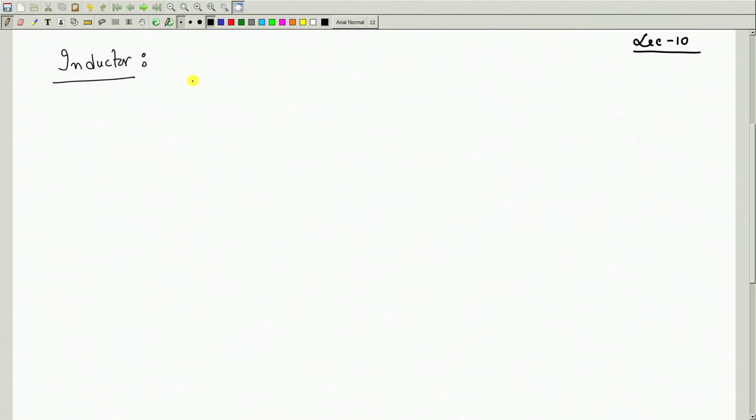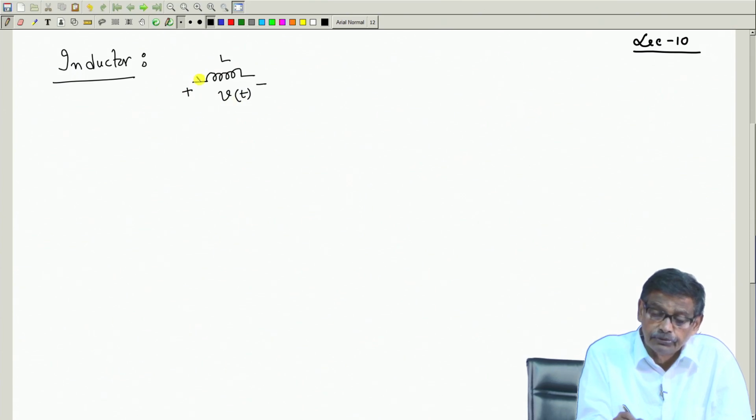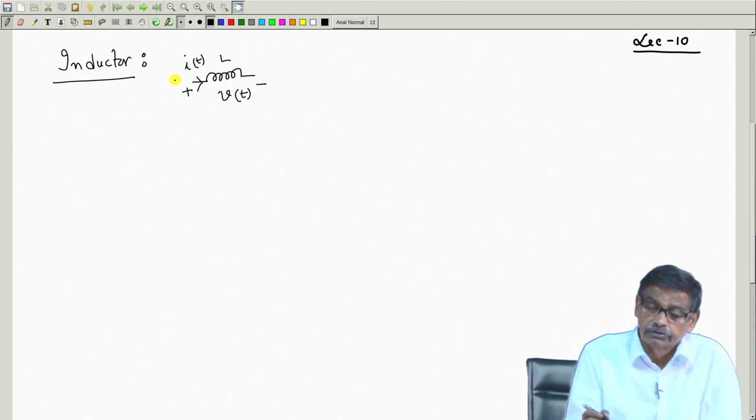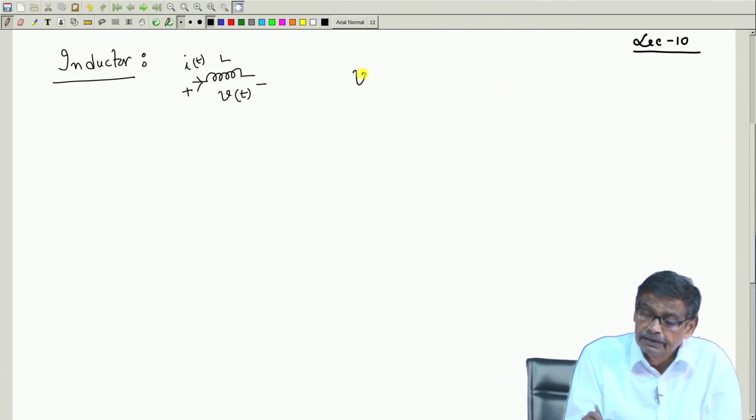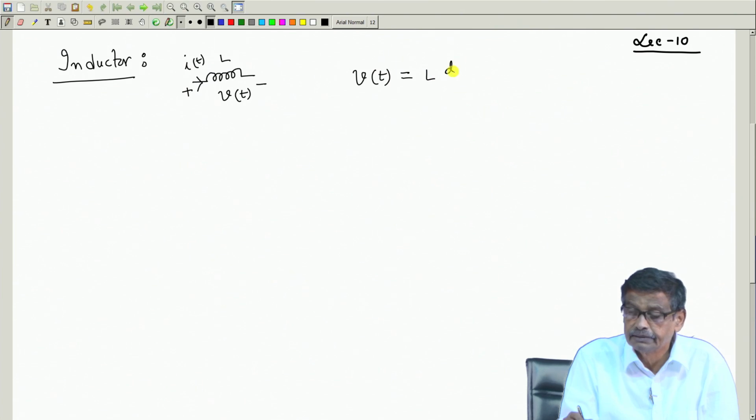I told you that if there is an ideal inductor having no resistance, and you show the voltage applied across it to be V t, meaning the potential of this point with respect to this is V t, and you show this current to be I, which is expected to be a function of time also, then the relationship between voltage and current will be L d I d t.